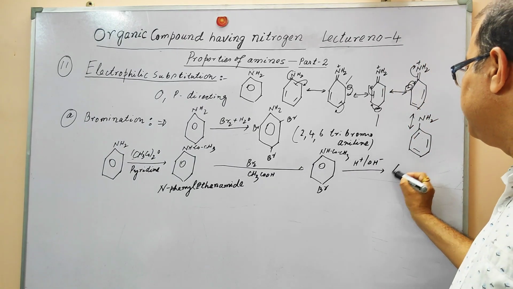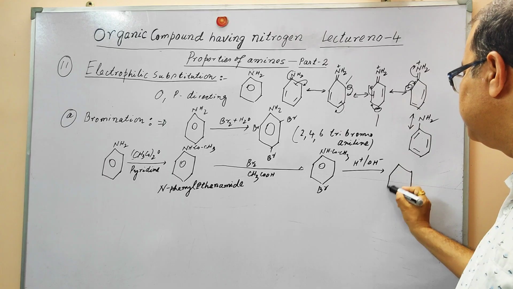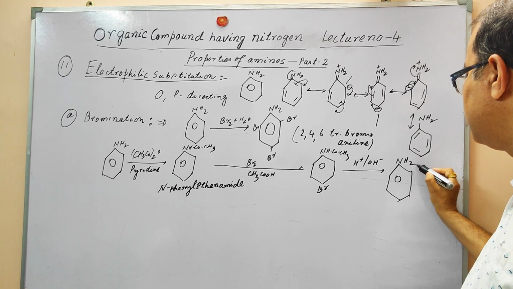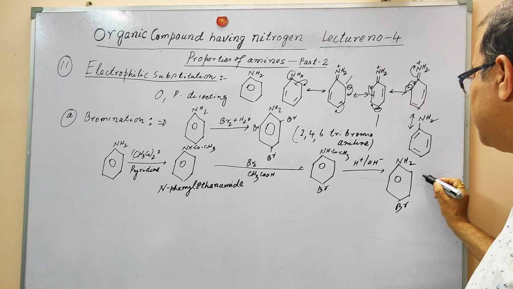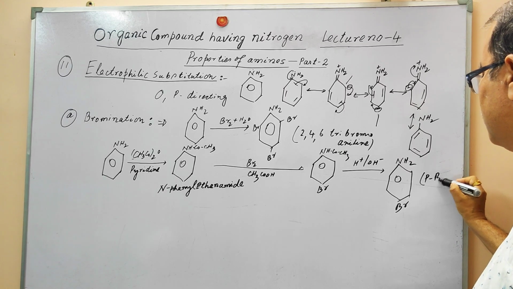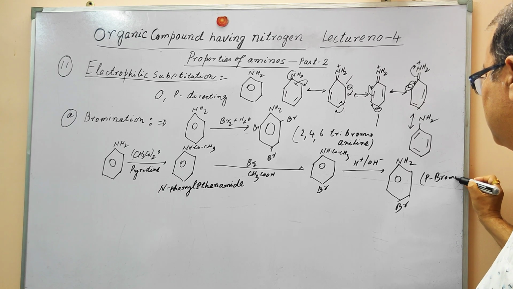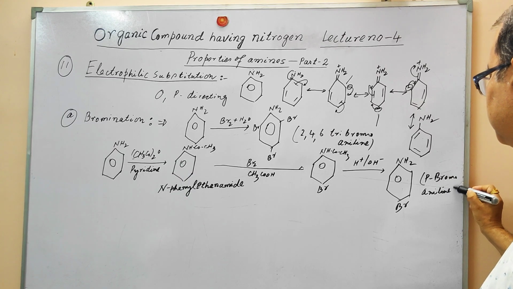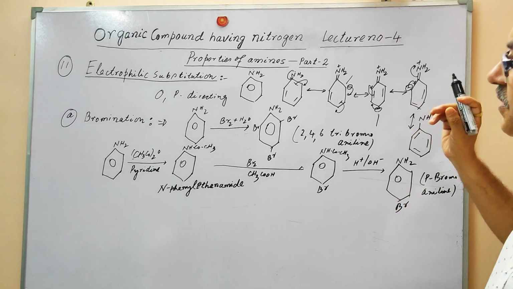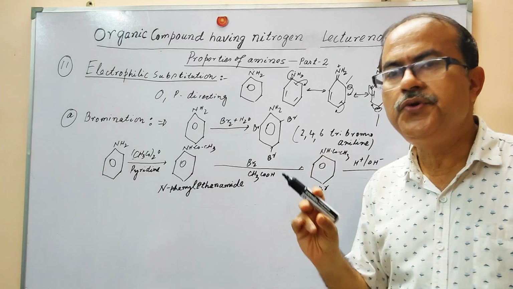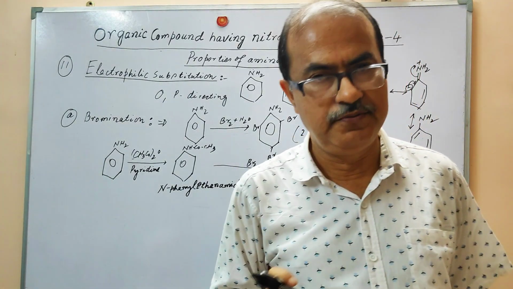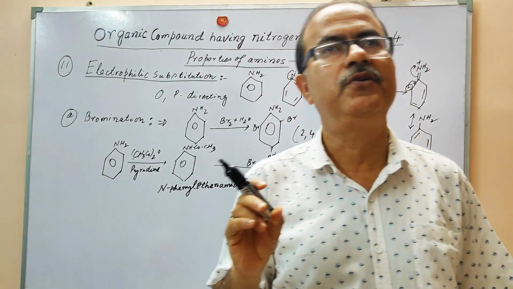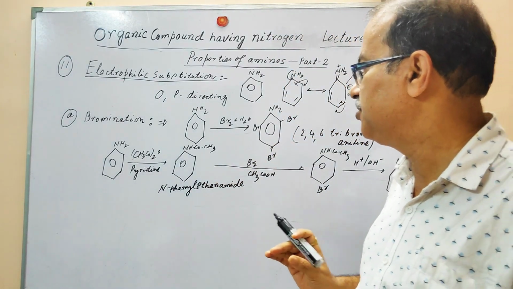Then we produce para-bromoaniline. Okay. So when we want to produce the monosubstituted bromine compound of aniline, we have to undergo this process.